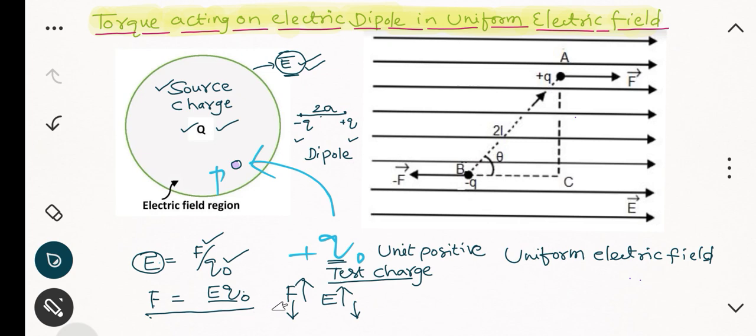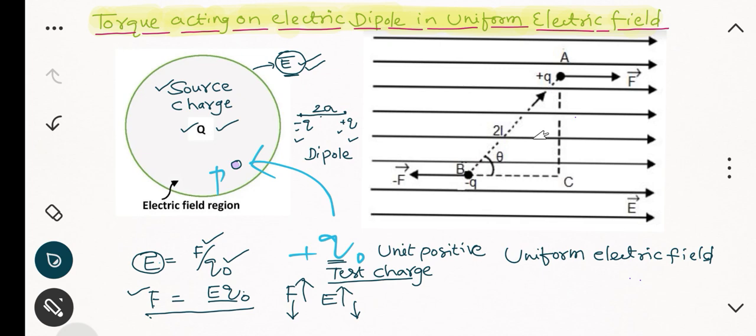These two charges are of equal magnitude but opposite in sign. One is positive and one is negative. A test charge placed in an electric field experiences a force F equal to E into Q naught.